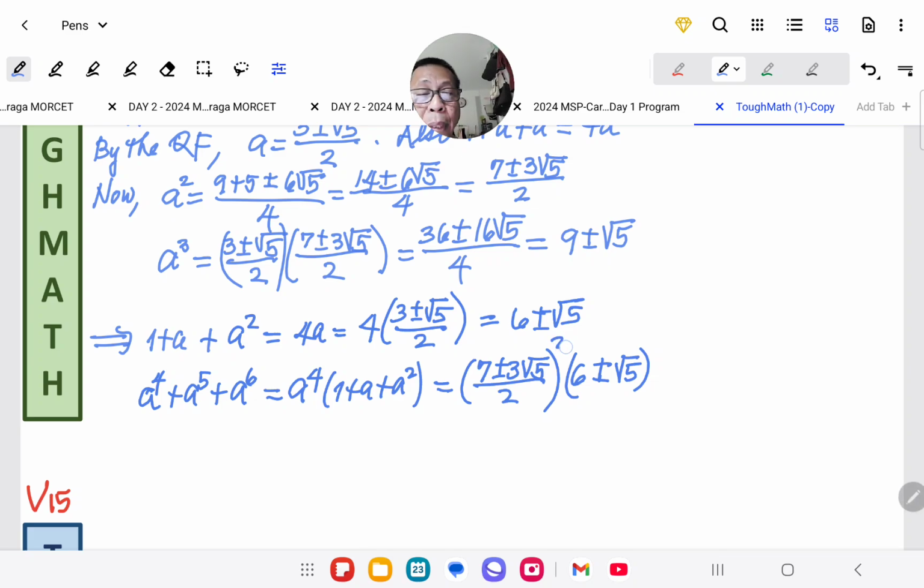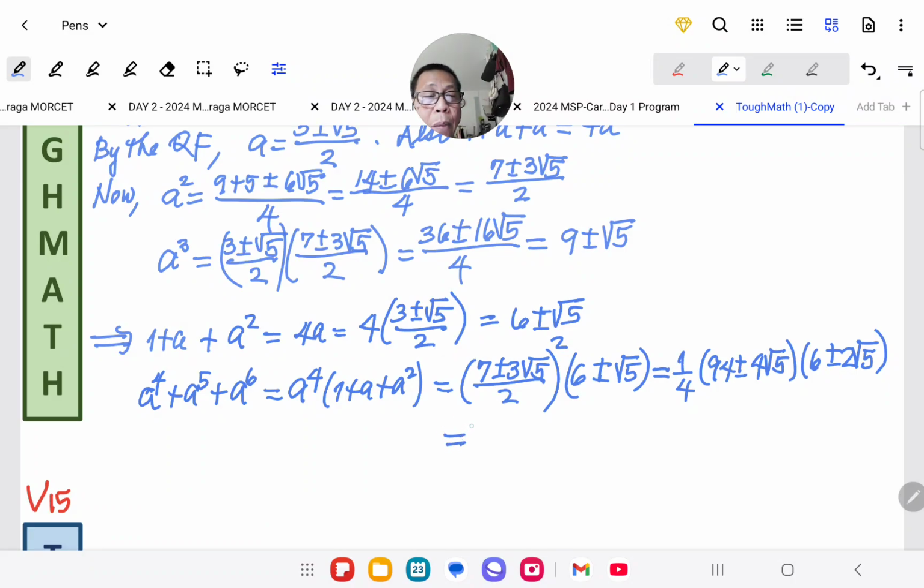By the way, this is squared, so we have 1/4 times 94 plus or minus 4 square root of 5 times 6 plus or minus 2 times the square root of 5.